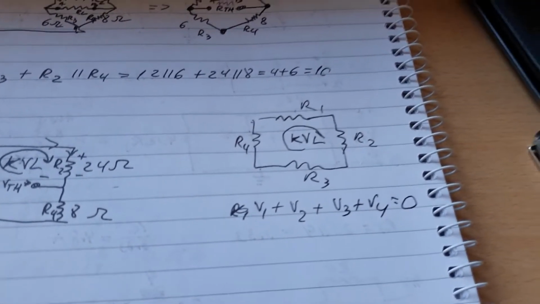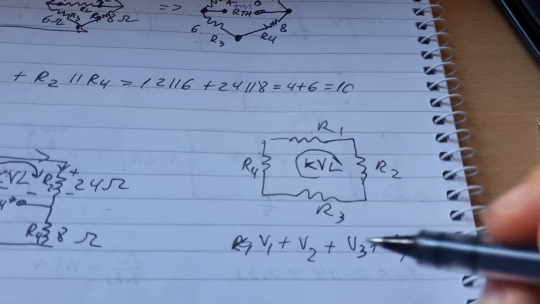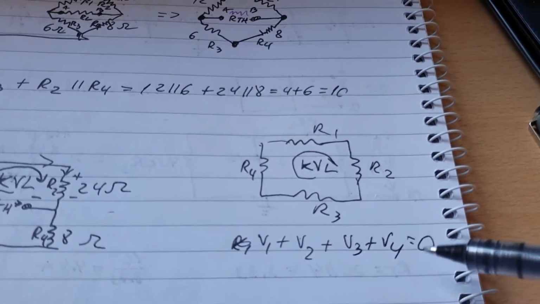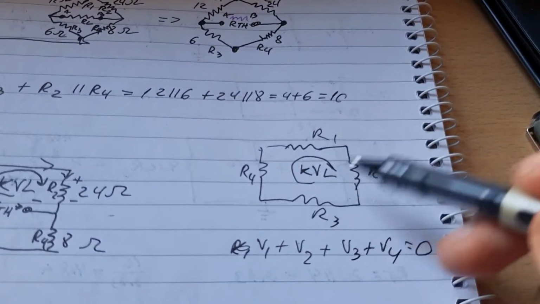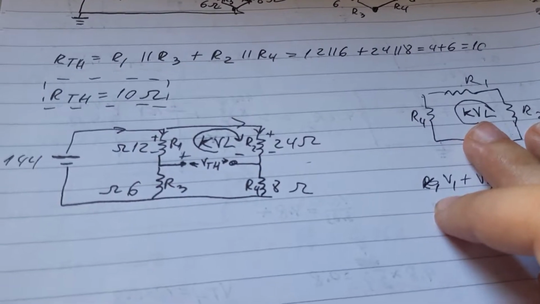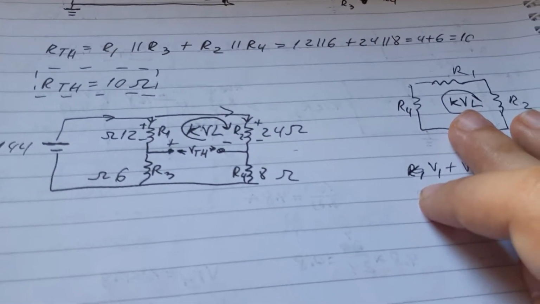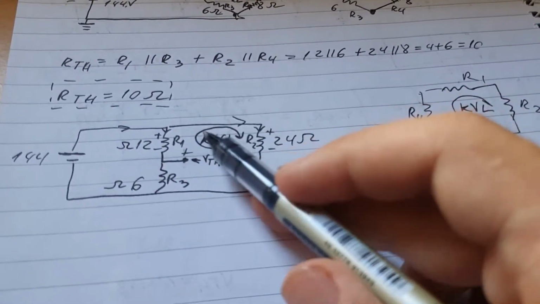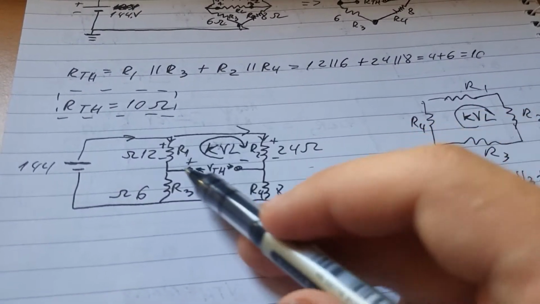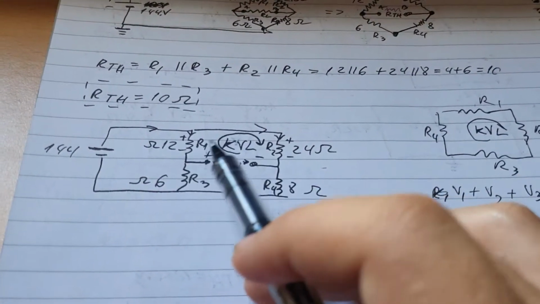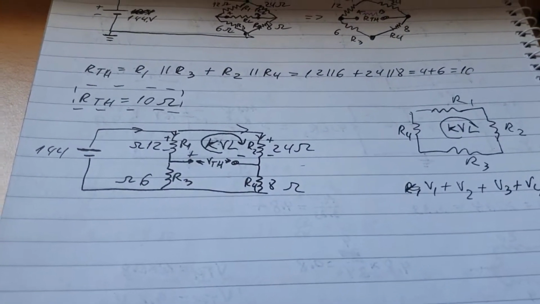And it can be used with voltages inside the resistors as well, and they will always equal 0 inside a loop, which means that at least one of these voltages will be negative, while the other ones will be positive, and will result in the loop being equal to 0 when adding our resistance voltages inside this rectangle.